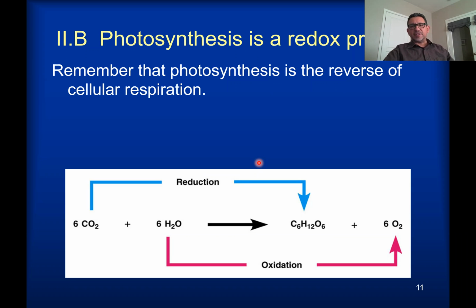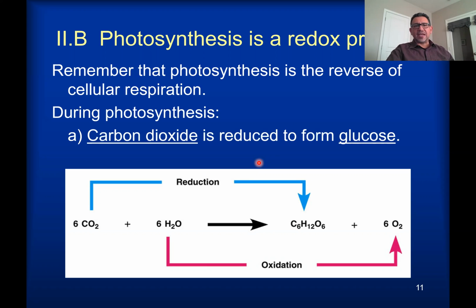Also, photosynthesis is the opposite of cellular respiration in terms of redox reactions. Like cellular respiration, photosynthesis involves a series of transfers of electrons. When a substance gains electrons and hydrogen ions, it is being reduced. When a substance loses electrons and hydrogen ions, it is being oxidized.